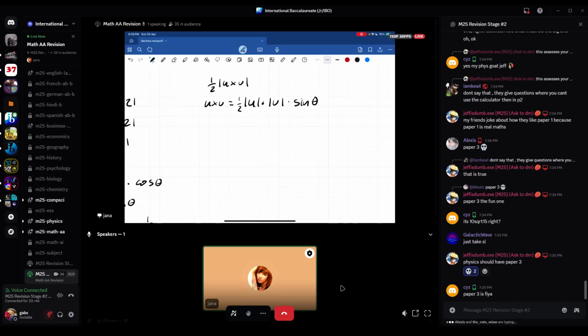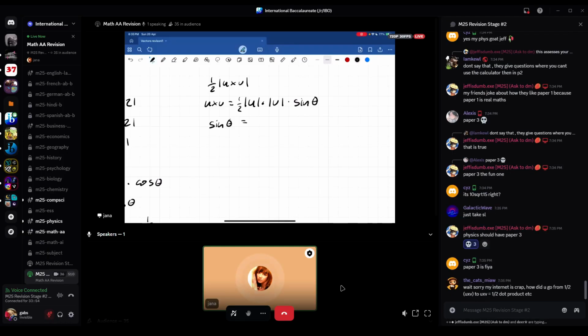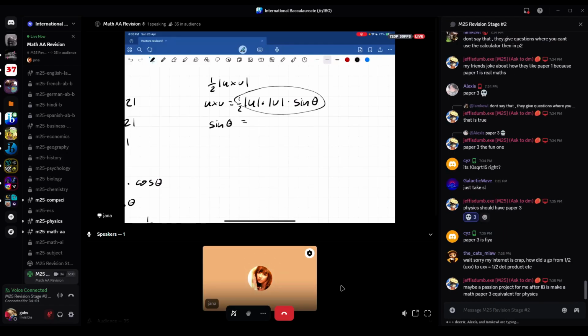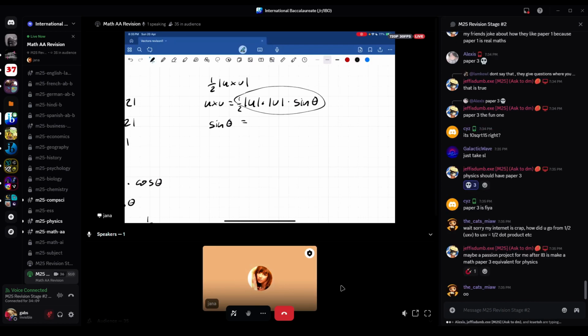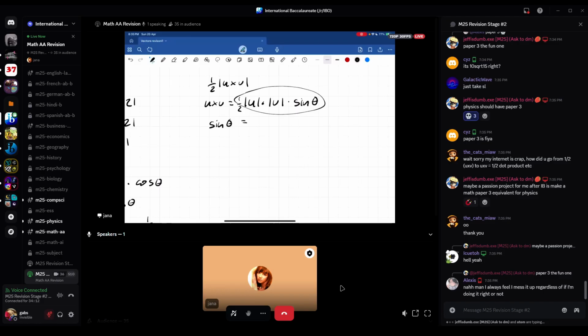But anyway, first thing we need to do is actually find sine theta. I forgot about that, so we have to do that first. How did you go from, this isn't the dot product, this is the cross product because it's sine. So that's how I got there. Right, does that make sense?